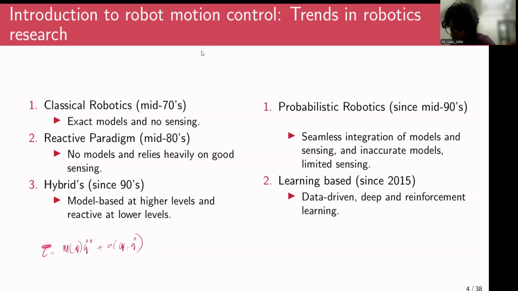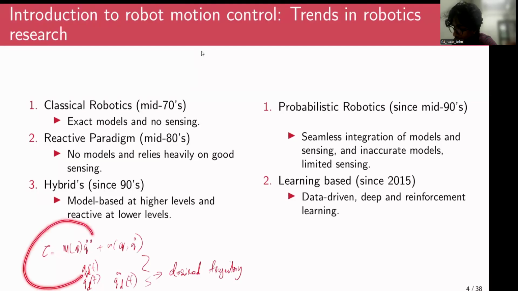And then to control the robot, if we have a desired trajectory specified by q desired of t, q desired dot of t, and q desired double dot of t, where this is the desired trajectory, we can plug all these desired trajectory coordinates into the dynamic equations of motion, and from here we'll be able to obtain this torque control vector.